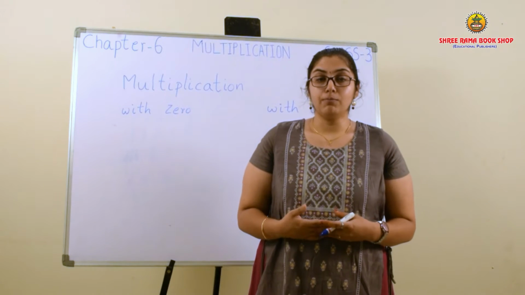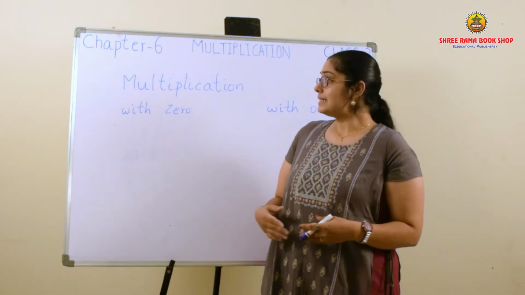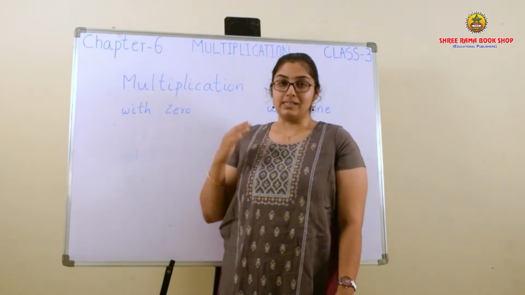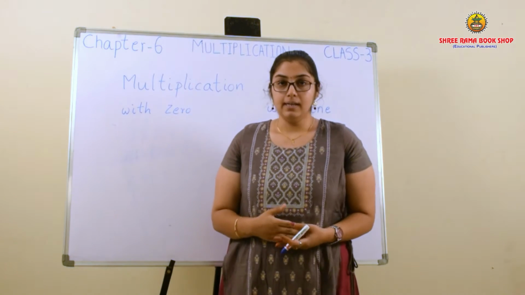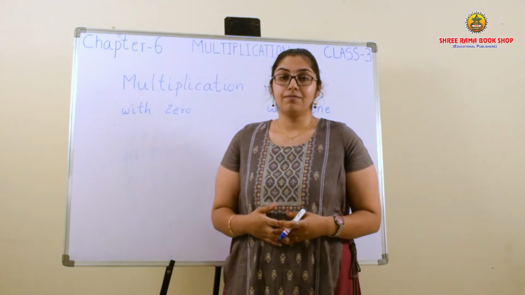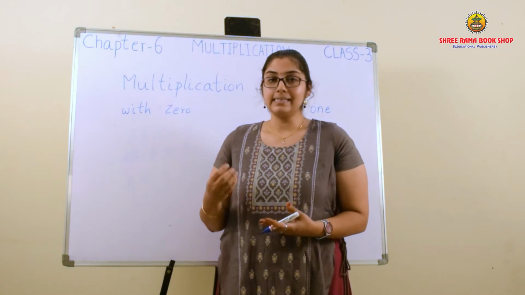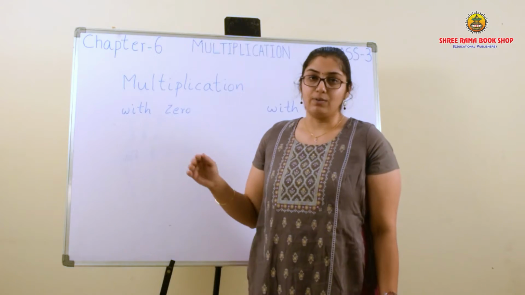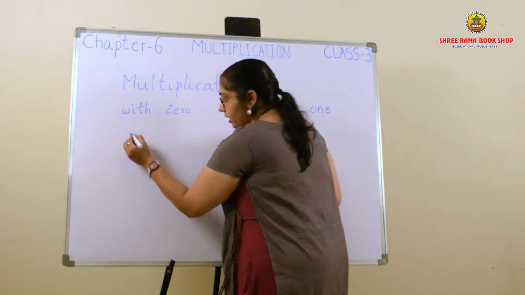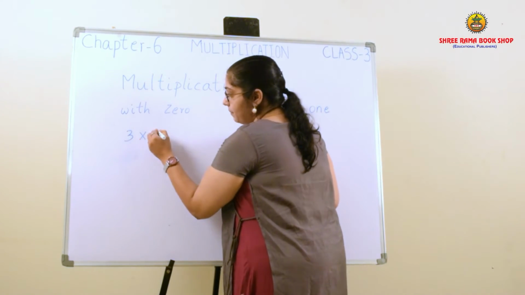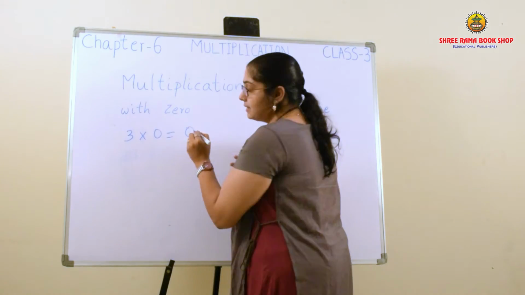Now we learn one more concept in multiplication, that is how to multiply a number with 0 and 1. In the recall class we have learned that if you multiply a number with 0, then the answer is 0. Now we will see that with some examples. If I take a number 3 and multiply it with 0, then the answer is 0.